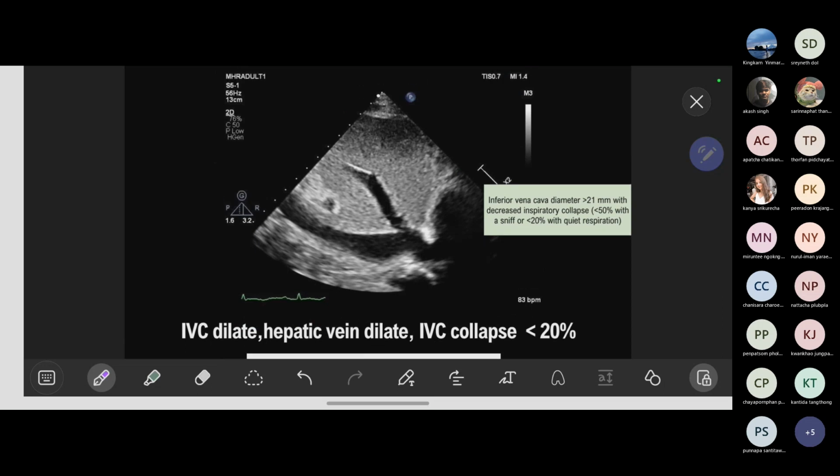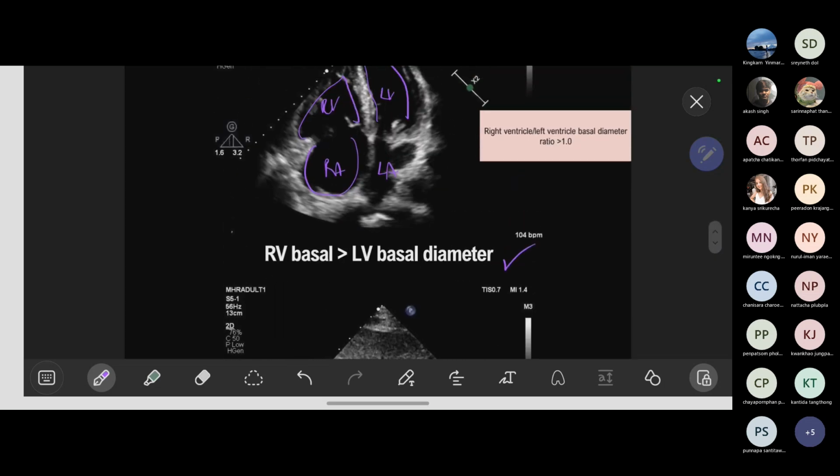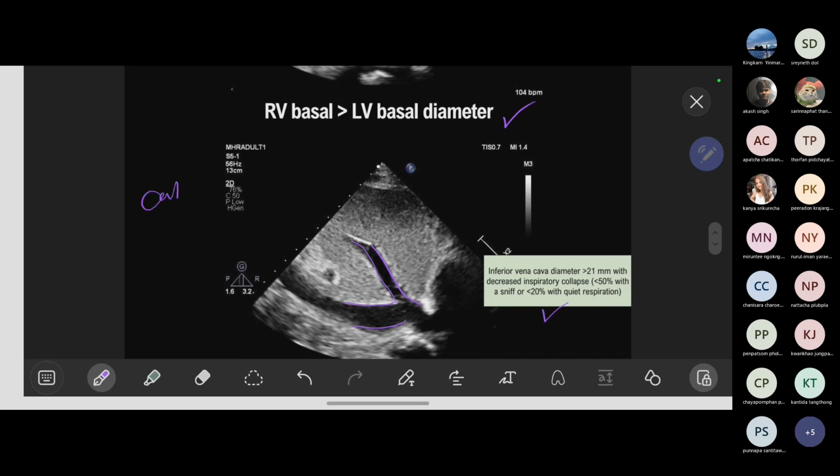And the IVC is dilated with hepatic vein dilatation and IVC collapsibility 20%, which is less than 50. So this is abnormal. This is category 1, and this is category 3.